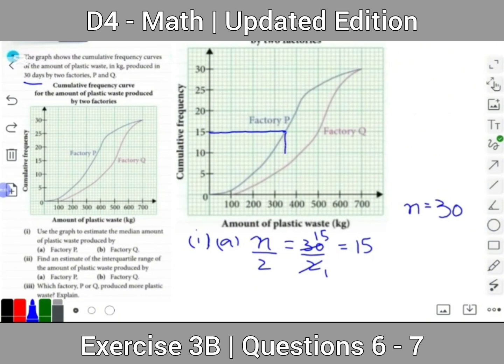Since we know that each square unit along x-axis is equals to 20, so we have 300, 320, 340, 360. Between 340 and 360 our value lies, so it is approximately 350.